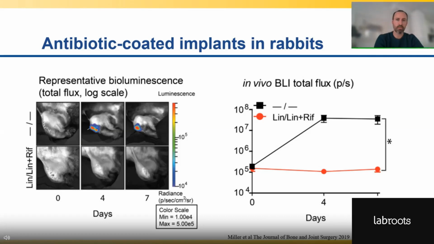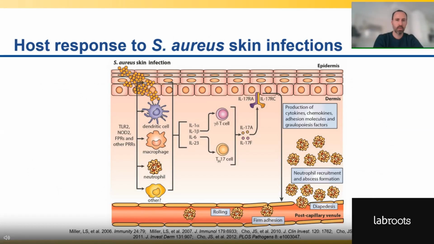orthopedic implant-associated infections. Our lab is also interested in studying the host defense responses against Staph aureus skin infections. Upon a Staph aureus skin infection, there's an initial recruitment of innate immune cells such as dendritic cells, macrophages, and neutrophils to the site of the infection. These innate immune cells release IL-1 alpha, IL-1 beta, IL-6, and IL-23.